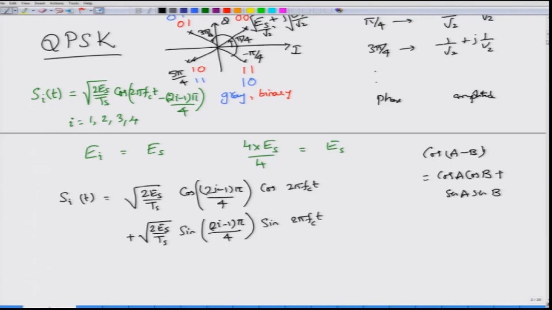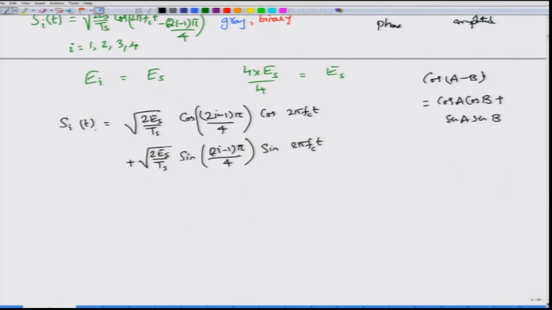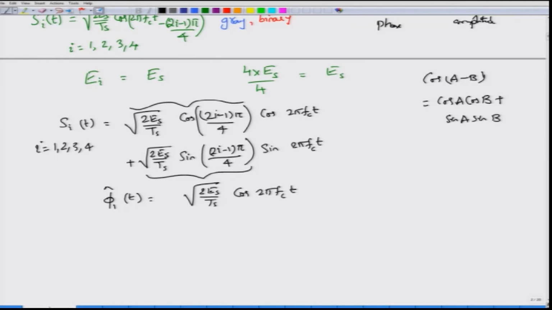So, now you can see that you have actually written down Si of t, where I goes from 1, 2, 3 and 4, these are the 4 values. You have written down this as some signal multiplied by cos 2 pi Fct and another signal that is multiplied by sin 2 pi Fct. And if you now denote by phi 1 hat of t this particular waveform, which is the cos 2 pi Fct waveform, and with phi 2 hat of t this waveform, square root of 2 by Ts sin 2 pi Fct, you can clearly see that phi 1 of t is orthogonal to phi 2 of t.